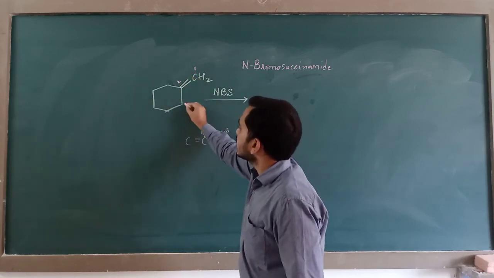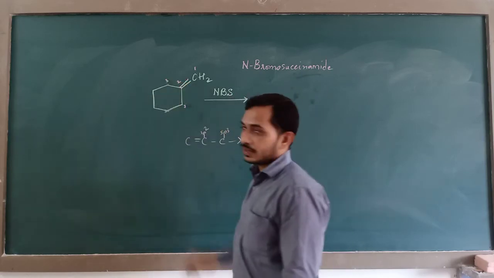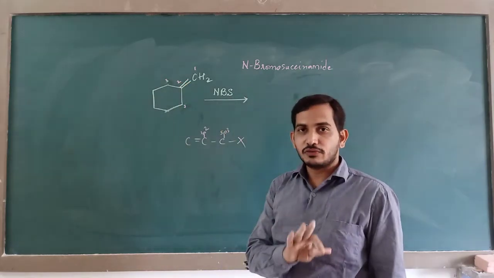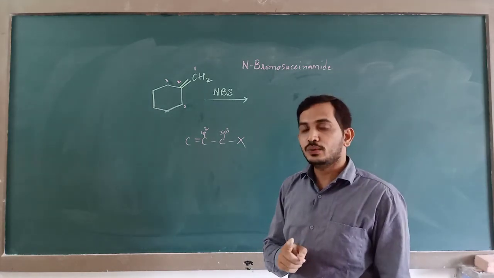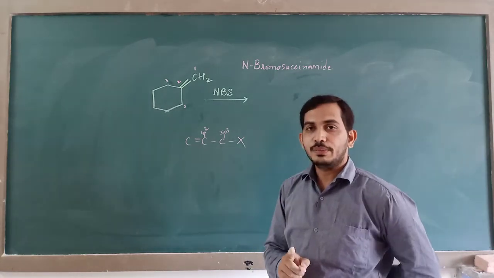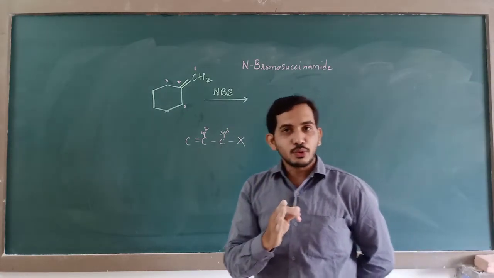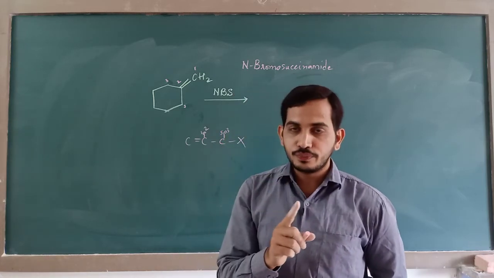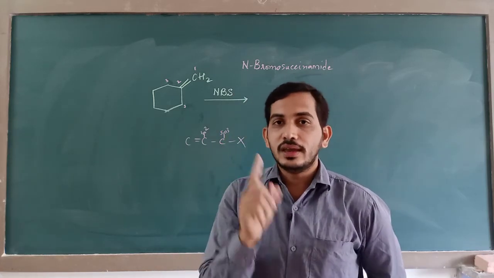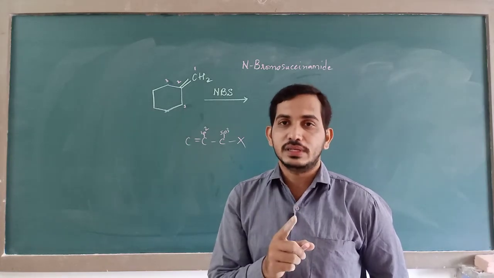My next option is either here it could be third carbon, or here it could be third carbon. This much is for allyl definition. Now what does N-bromosuccinamide do? It is a very selective reagent, means it does not add bromine anywhere. It adds bromine only when you have got a cyclic compound, and that too if the compound is containing ethylenic carbons.